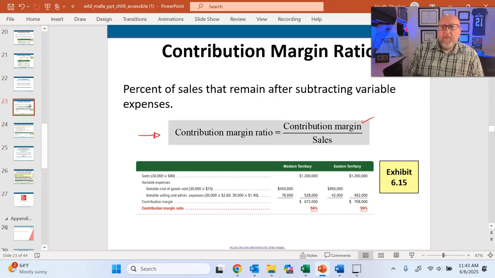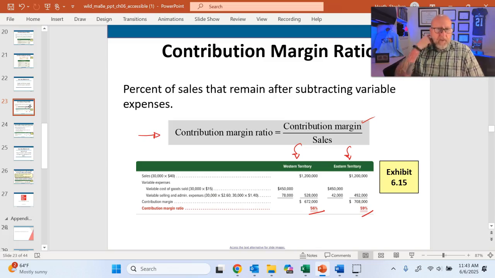All right. So in this particular example, we have a Western territory and an Eastern territory. Quickly we can see the contribution margin for the Western territory is a little bit less than the contribution margin for the Eastern territory.